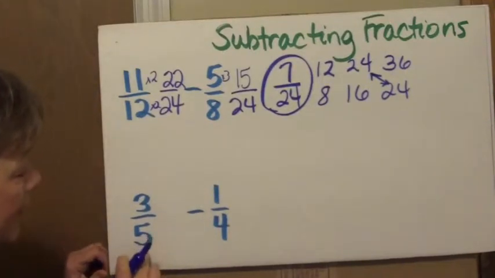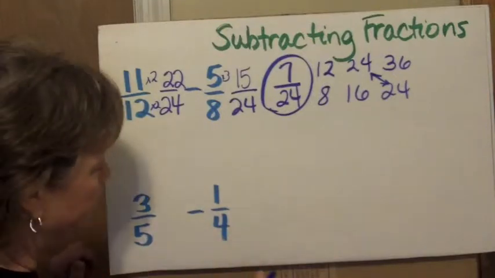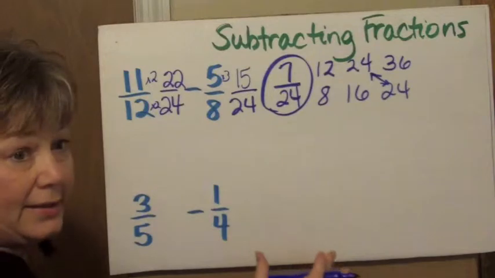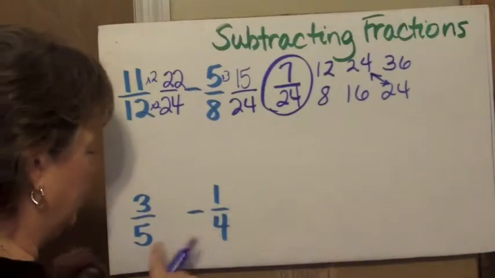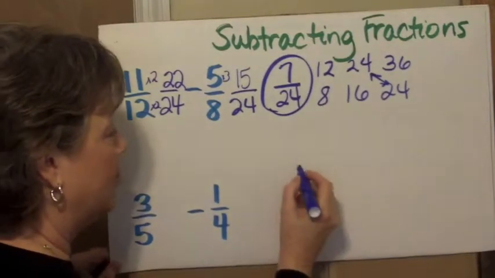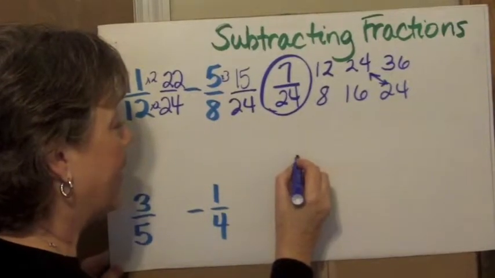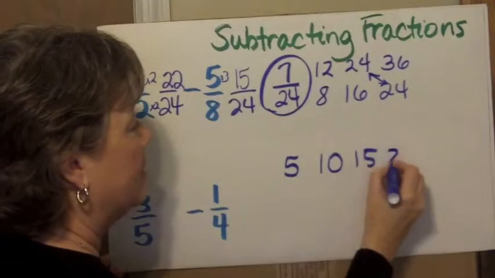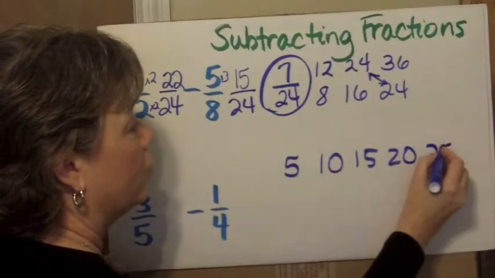We've got a denominator of 5 and 4. So I'm going to find my least common multiple. I'll start with the larger one. I just like to do that. So I'm going to count 5, 10, 15, 20, 25.